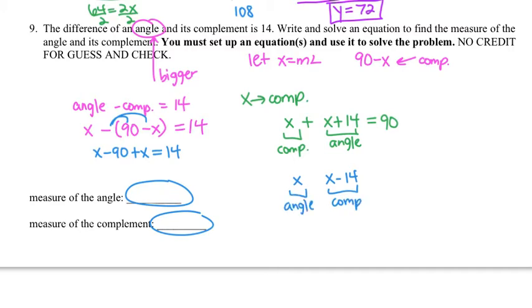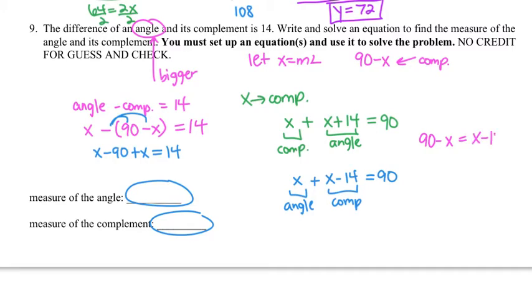Because if the difference between an angle and its complement is 14, that means you take the angle minus 14, and that's the complement. So the complement is 14 less than the angle. And you know the angle is x, so x plus its complement would be 90. You can solve that equation. Or you could do it another way. You can say, okay, I know that the complement is 90 minus x, but I also know that the complement is 14 less than x.